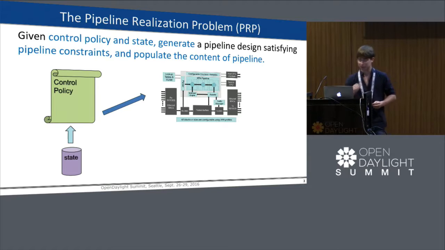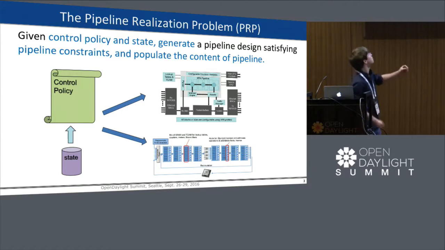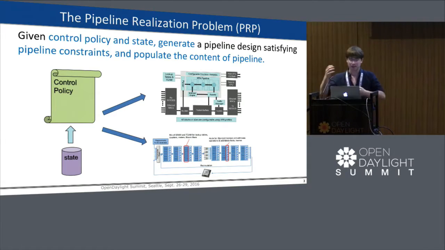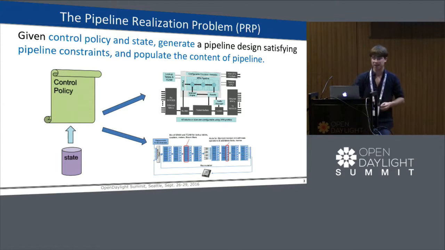What Magellan attempts to do is allow you to implement a given control policy and a given state on any type of switch you want completely homogeneously, such that the programmer can use the abstraction of the switch as a discrete entity and be freed from the need to consider precisely how to lay out his policy and state across the range of pipeline topologies existent on the market today.